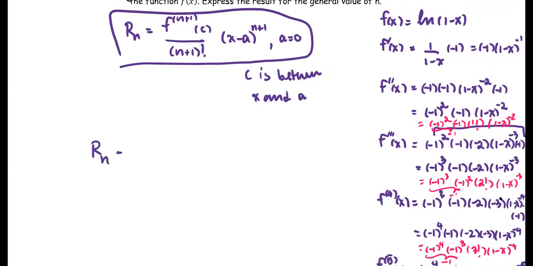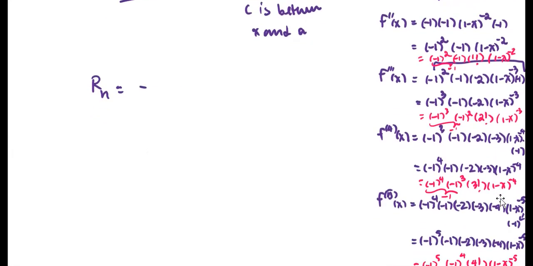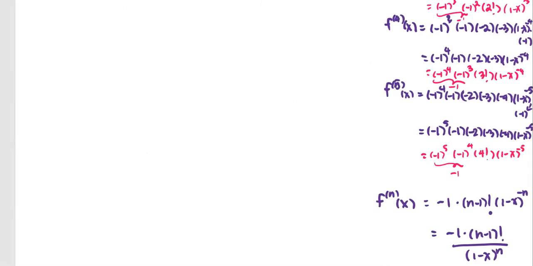Therefore, the Rn equals the n plus 1 derivative at the point c.